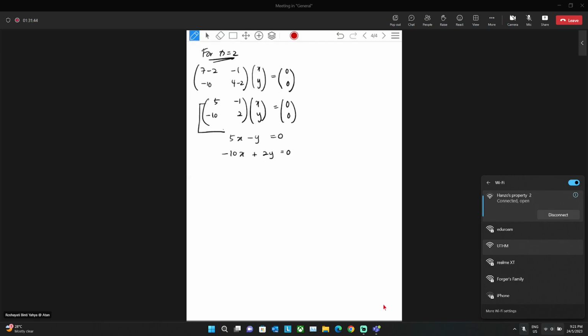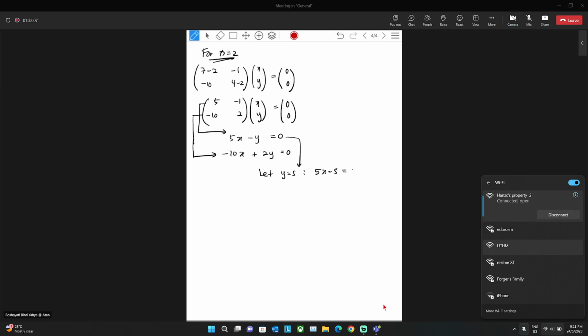Okay. So from this, let y equal to s. So becomes 5x minus s equal to 0.